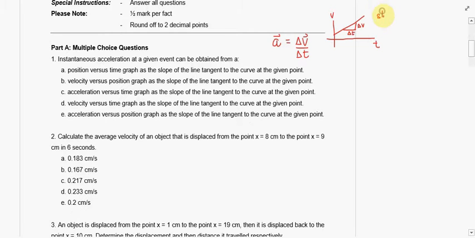So the slope of a velocity versus time graph is equal to the change in the velocity over the change in the time, which is equal to the acceleration. So in your different options, you will see that C is the correct choice. The acceleration versus time graph as the slope of the line tangent to the curve at a given point would be the correct answer.